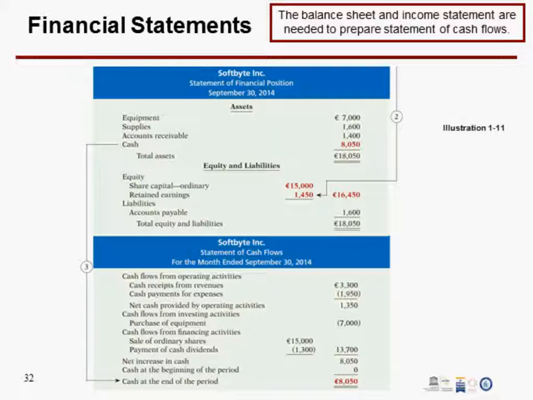For cash flow from operating activities, cash receipt from revenue is 3,300. Even though there was 4,700 of revenue, only cash received is 3,300.